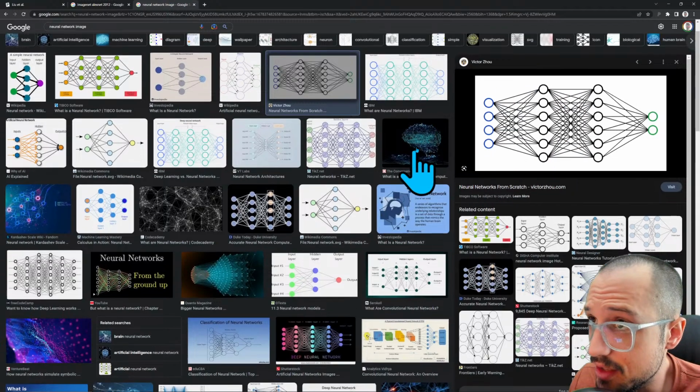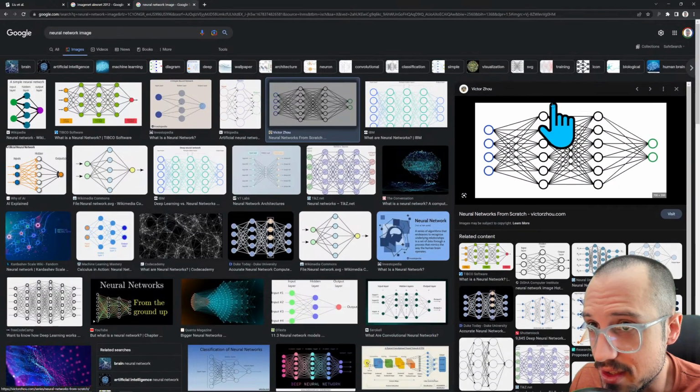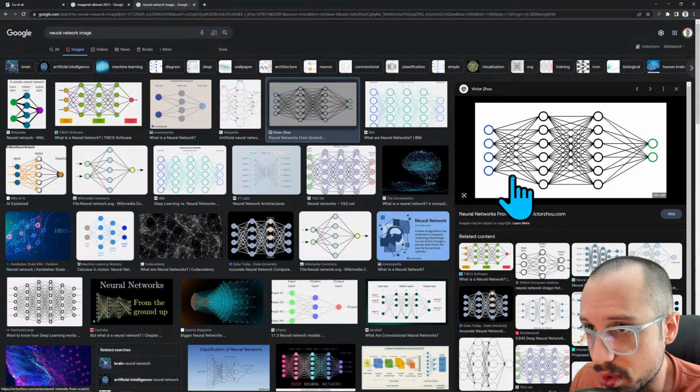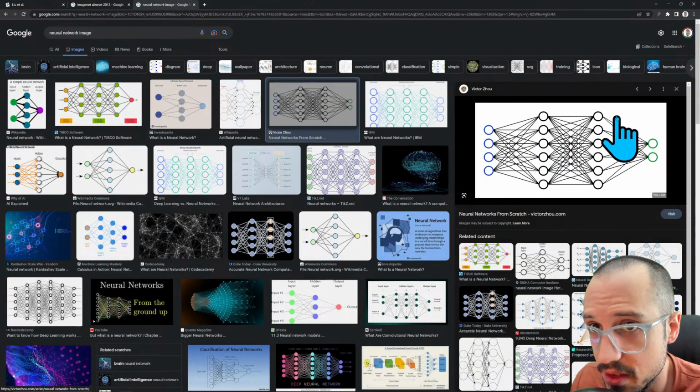Even this tiny little neural network here, this little tiny multi-layer perceptron that just has a handful of layers, every single one of these lines is a parameter, right? If you think about how many lines there are, there's probably 50 lines here.